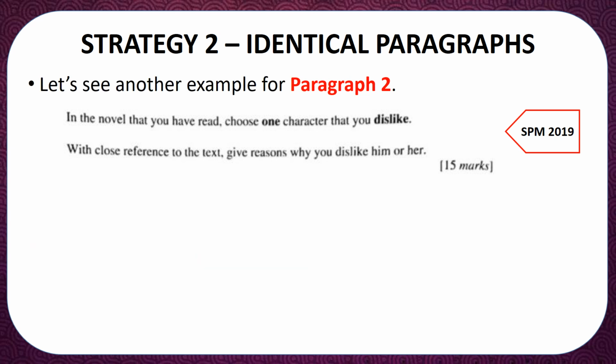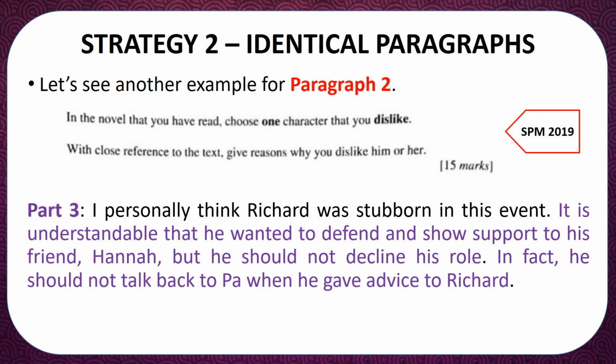Now let's look at part 3, which is your personal response. I personally think Richard was stubborn in this event. It is understandable that he wanted to defend and show support to his friend Hannah, but he should not decline his role. In fact, he should not talk back to Pa when he gave advice to Richard. Right?